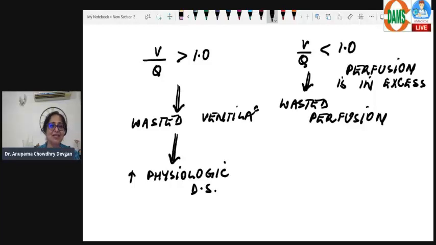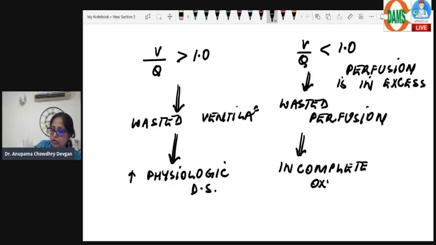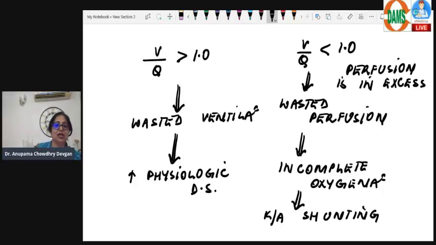Whenever there is a wasted perfusion, there is an incomplete oxygenation of the blood, and this is known as shunting.